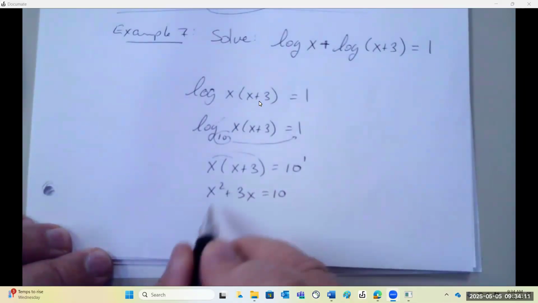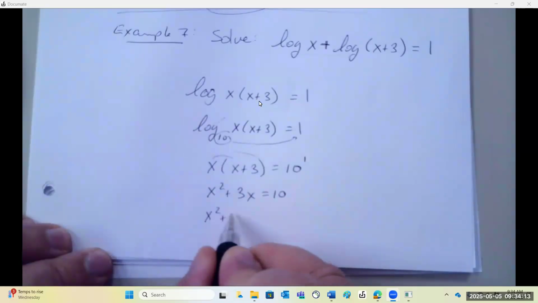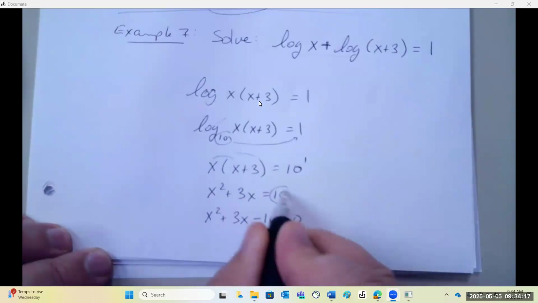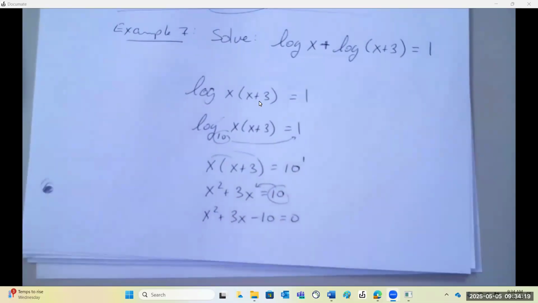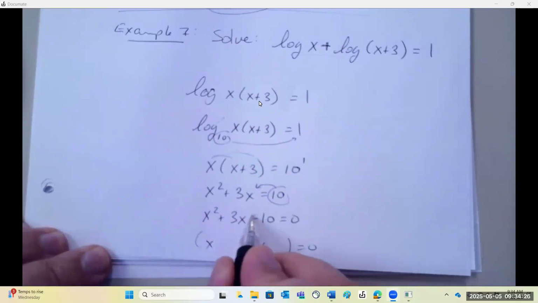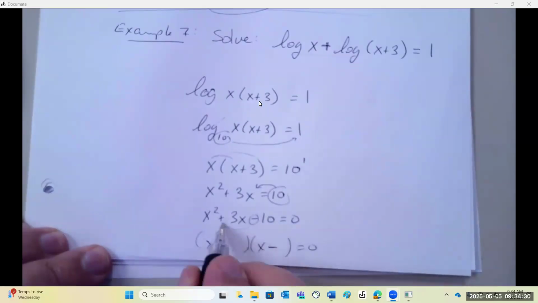Since it's a quadratic equation, move the 10 over, make it equal 0. And here we can factor. The second sign is a minus, so they're opposite signs, and the bigger number gets the plus.